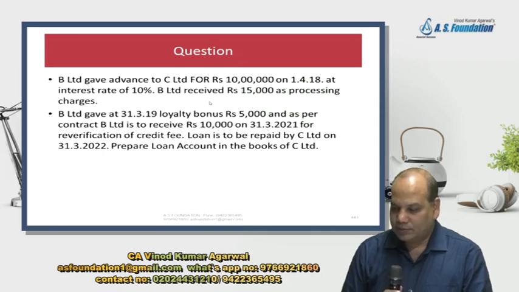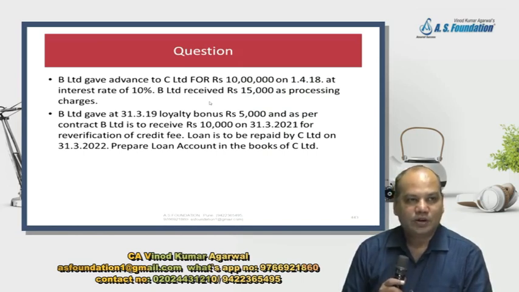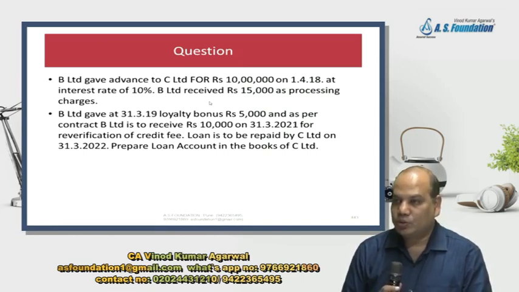B Limited gave at 31st March 19 a loyalty bonus of rupees 5,000, and as per contract B Limited is to receive 10,000 rupees on 31st March 2021 for re-verification of credit fees. The loan is to be repaid by C Limited on 31st March 2022. Prepare the loan account in the books of C Limited.